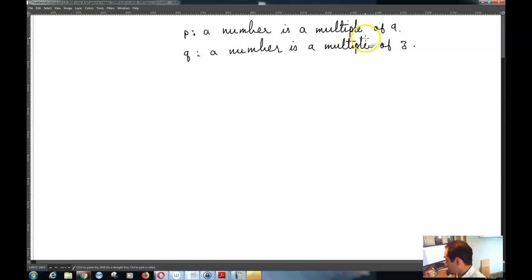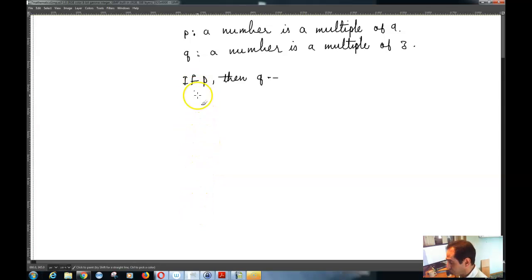Now if we have these two statements, then if P then Q, basically we said that it's the same as the following.